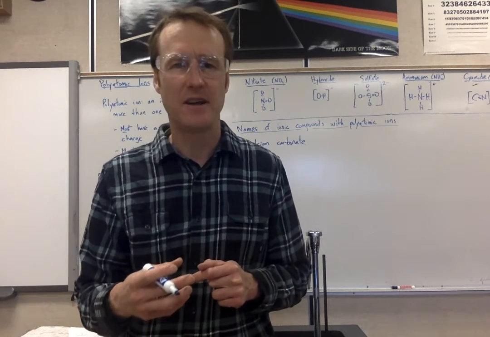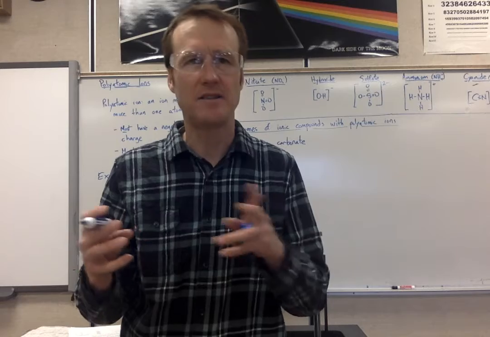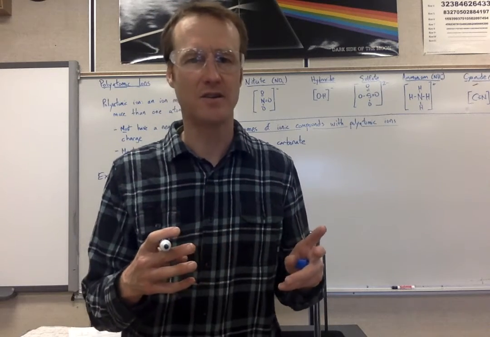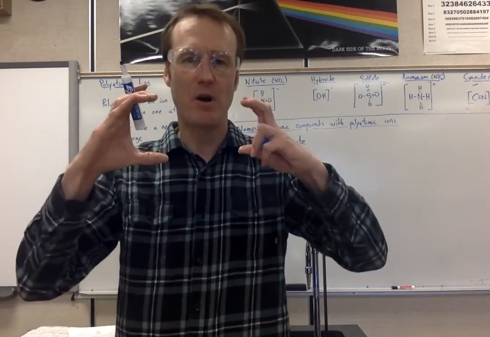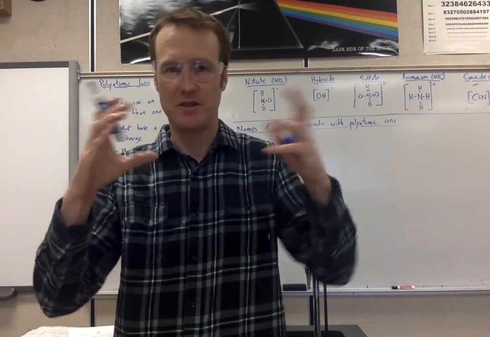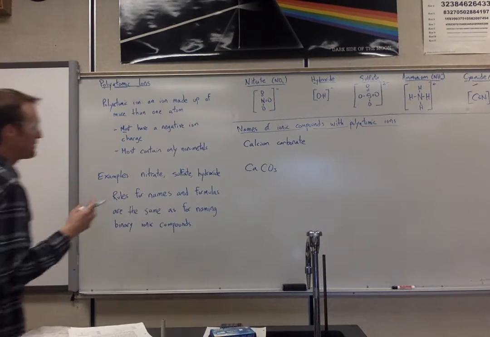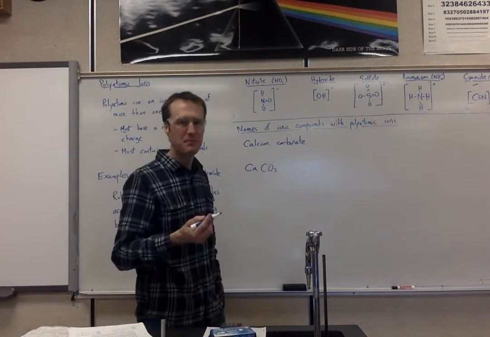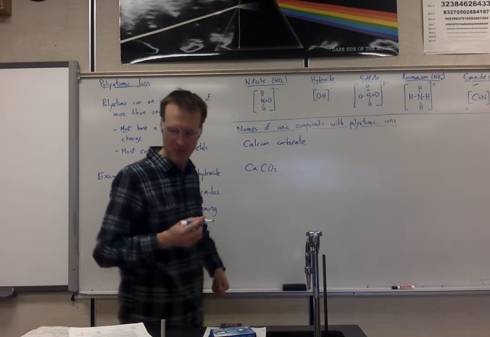A very common mistake I've seen is someone being like, okay, Na2CO3, I guess that's sodium cobalt trioxide. No, it's not. The CO3 is a polyatomic ion with its own charge, and it's just called carbonate. You're not going to find these in the periodic table. You need a separate source for them. Calcium carbonate is CaCO3.